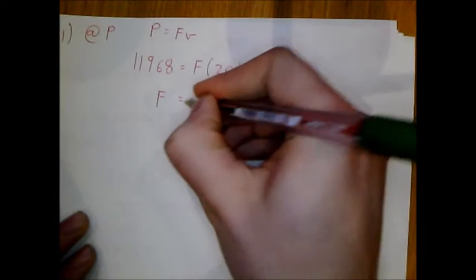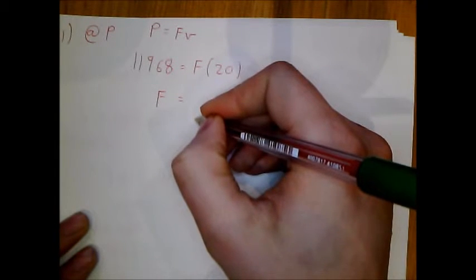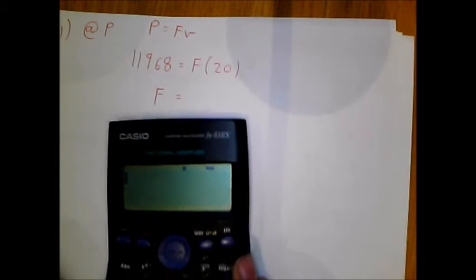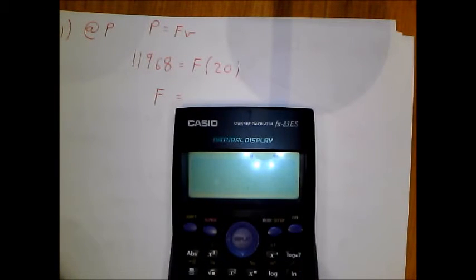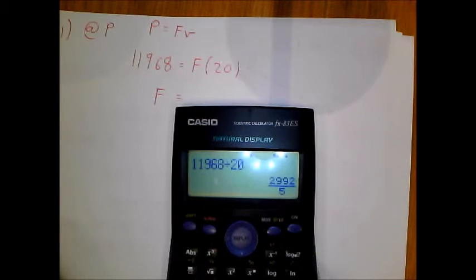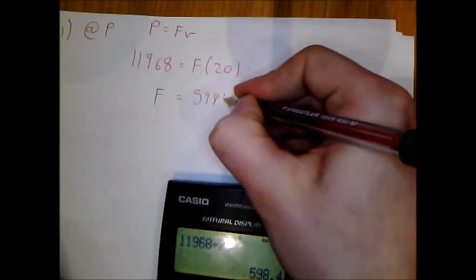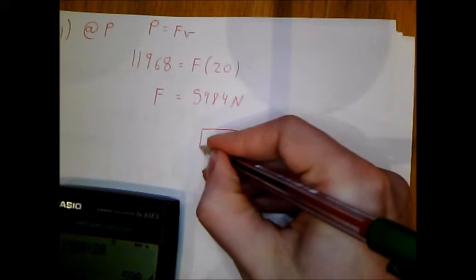So the force of our car is 11968 divided by 20. So our force is 598.4 newtons.